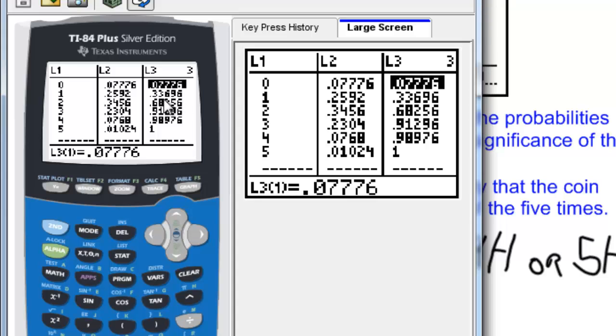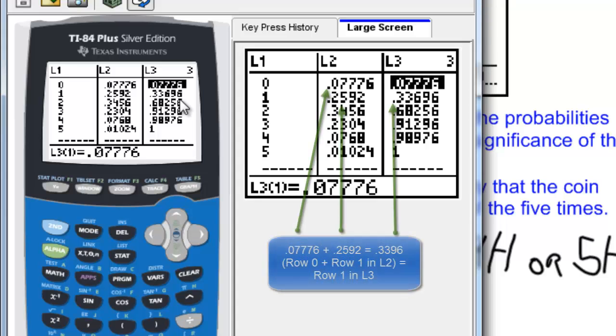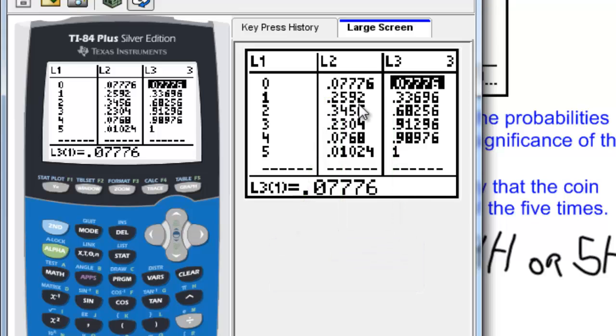But the second row is 0.33696, which we calculated by adding the probability of 0 heads and the probability of getting 1 head out of 5. You'll notice that the next number is 0.68256, which turns out to be this 0.33696 plus 0.3456.